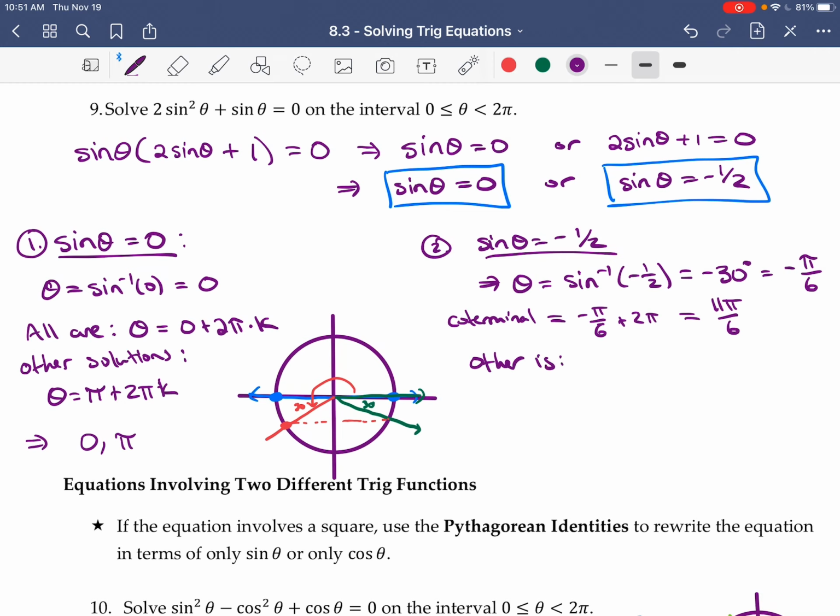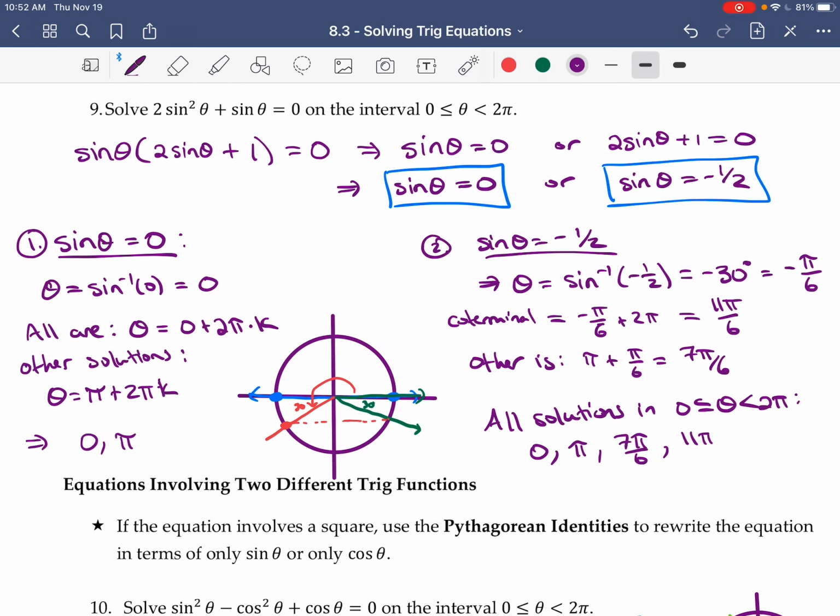So the other one is pi plus pi by 6, or 7 pi by 6. So all solutions in the interval 0 to 2 pi are 0, pi, 7 pi by 6, and 11 pi by 6.